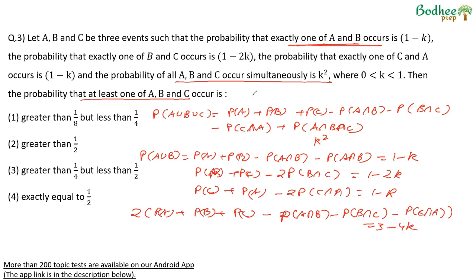And therefore, this becomes 3 minus 4k by 2, the first six terms, plus k square.